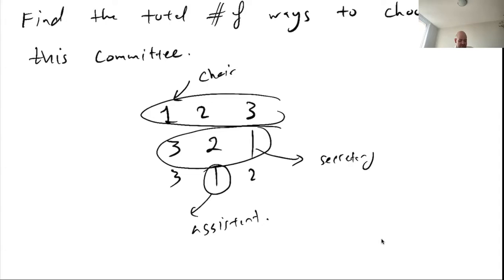In all these possibilities the same students have been chosen, but their order is different, which leads to different cases. Of course, it's important for student 1 whether he or she will be chosen as a member of the committee. But even assuming that he or she has been chosen, it is still important whether he or she is chair, secretary, or assistant, because then he or she will have a different role in that committee.